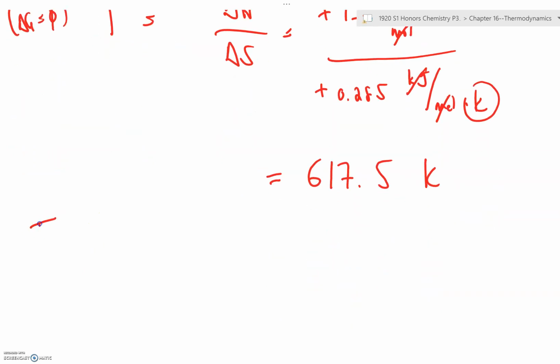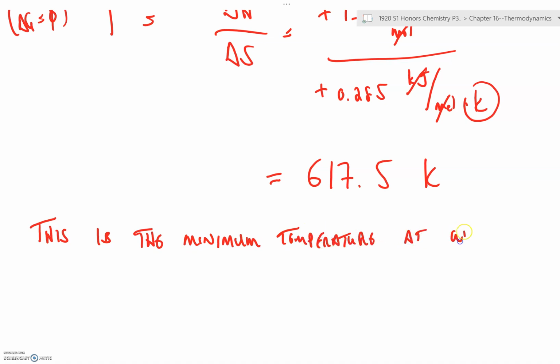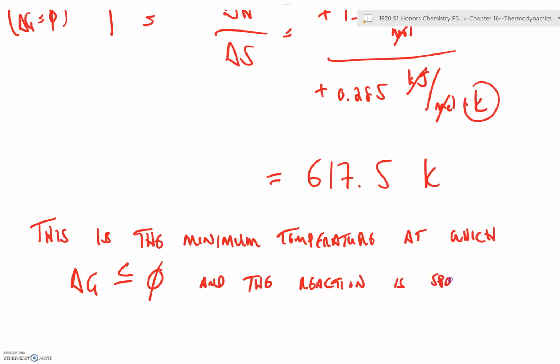But this is the minimum temperature at which delta G will be less than or equal to 0, and the reaction is spontaneous. Okay, that's the end of part 2.